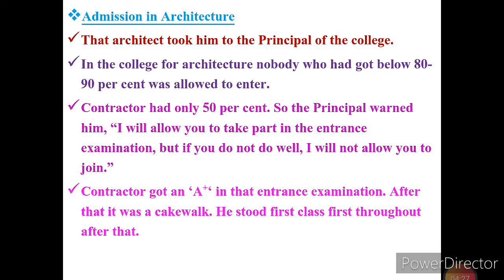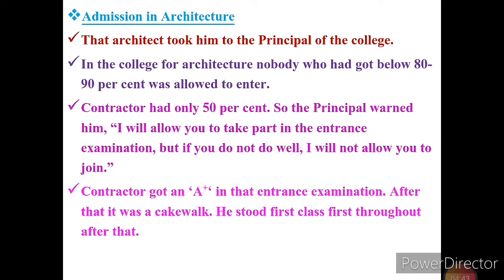Now, admission in architecture. That architect took him to the principal of the college. In the college for architecture, nobody who had got below 80 to 90% was allowed to enter.